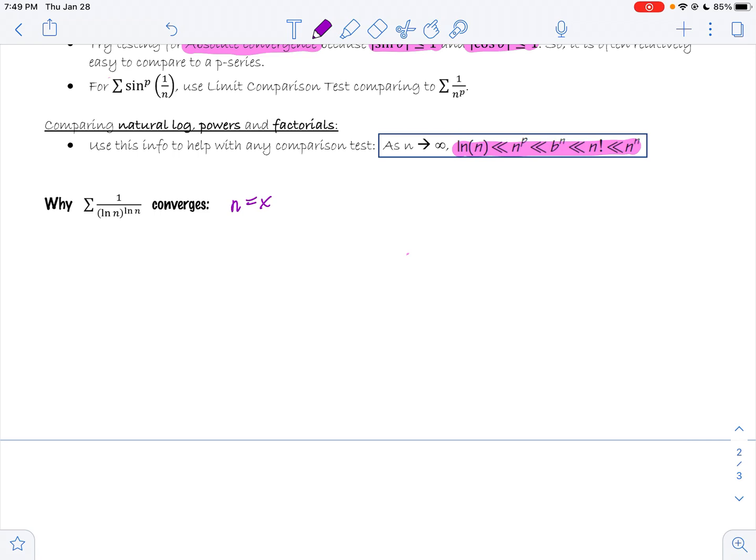Okay, so when we're looking at this problem, the idea is we want to be able to, what do we do with that? I'm going to take the natural log, because remember I'm writing it as x to the power of the natural log of x. What does that represent? Well, I can rewrite that as e to the natural log of x to the power of the natural log of x.